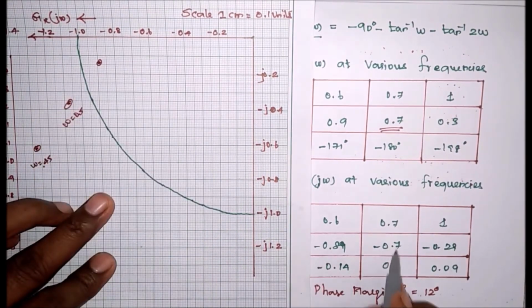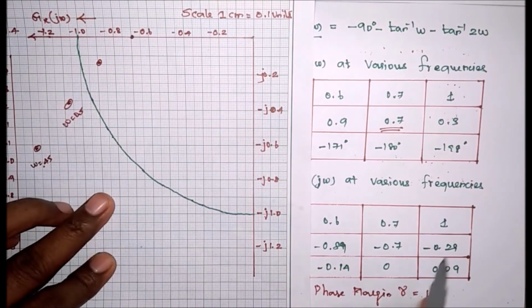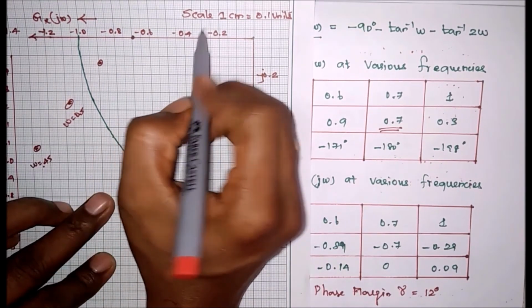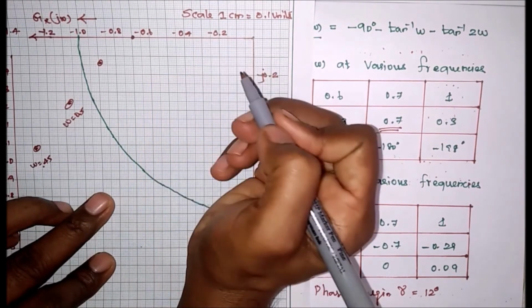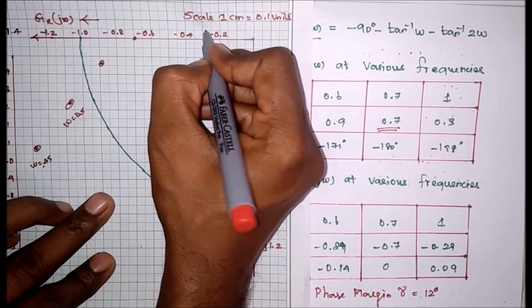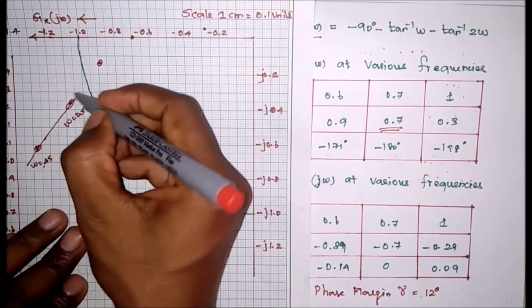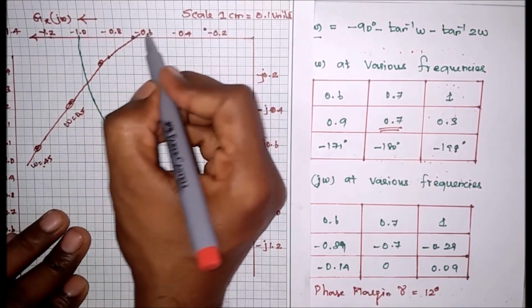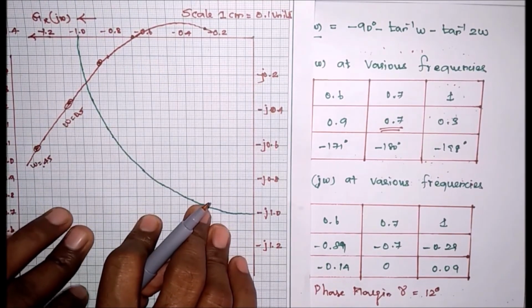The next one is minus 0.70, and then minus 0.29, which comes here. Therefore, we have to connect these points. So this is the polar plot on the ordinary graph sheet.